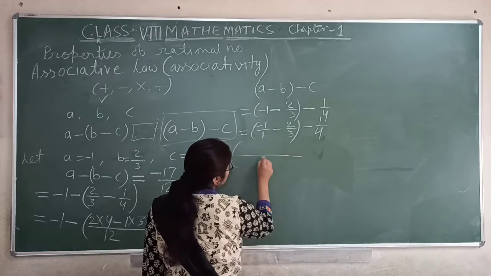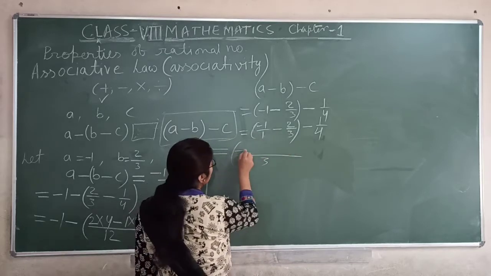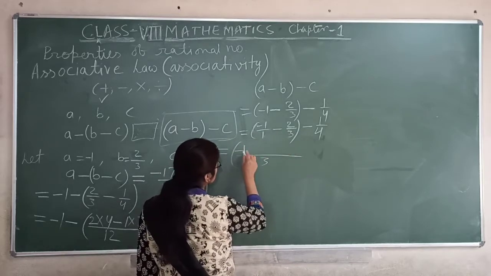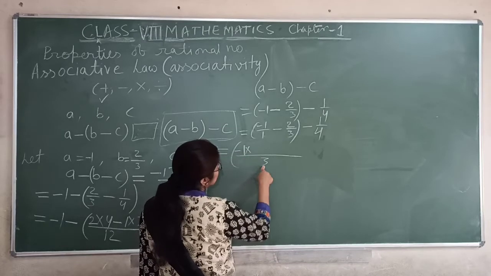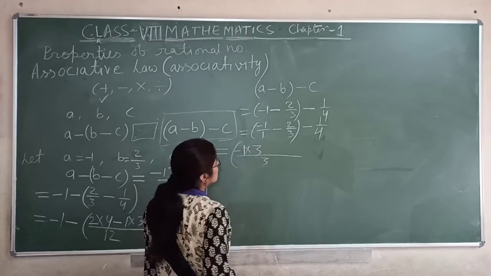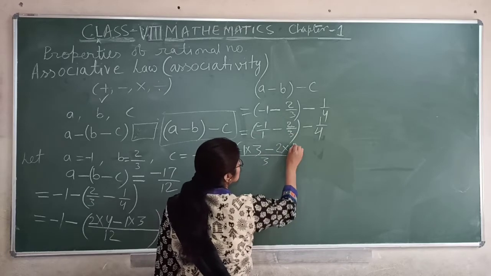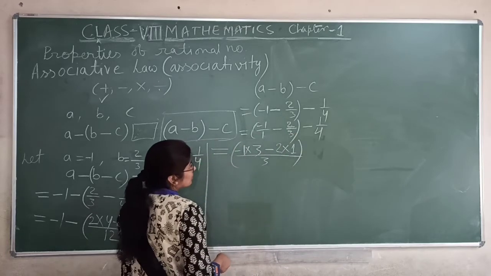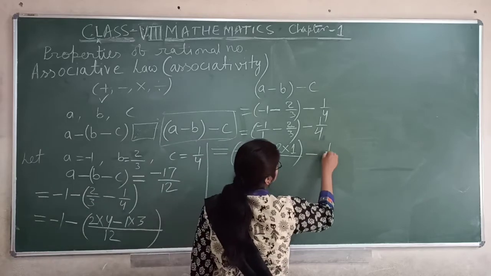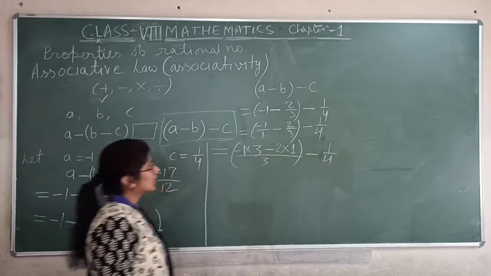So 1 and 3, the LCM will be 3. Minus 1 into 3 divided by 1, so you will get 3. Minus 2 into 3 divided by 3, so you will get 1, minus 1 upon 4.